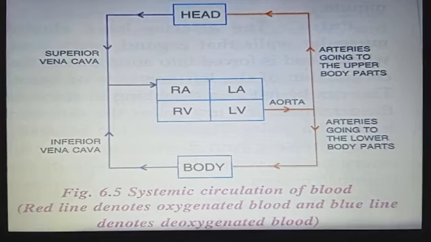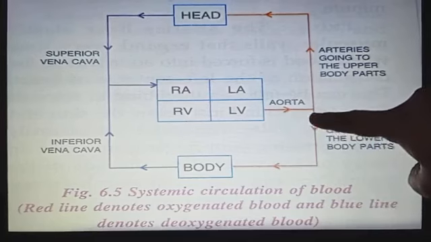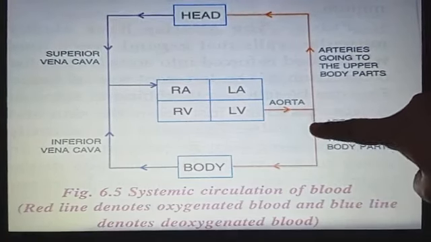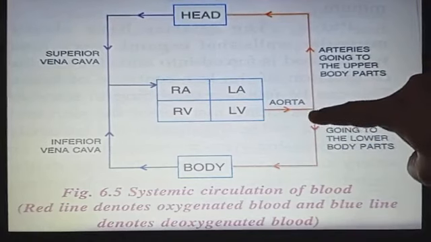What is aorta? Aorta is the largest artery of our body. Okay? Then, the branches of this artery distribute the oxygenated blood to all the parts of our body. Here you can see the arrow is shown, and this arrow shows the different arteries which are connected to the aorta.